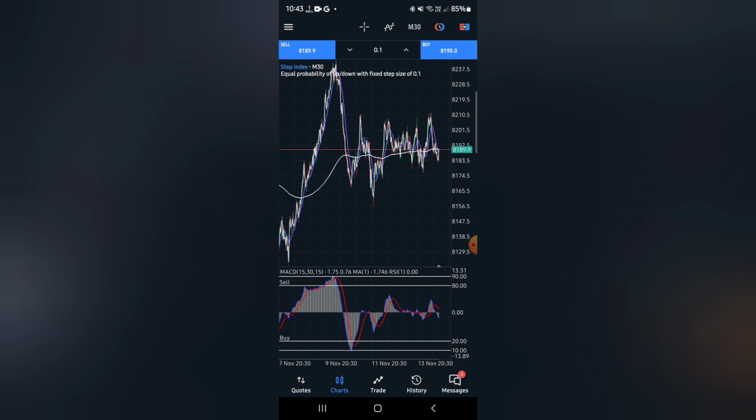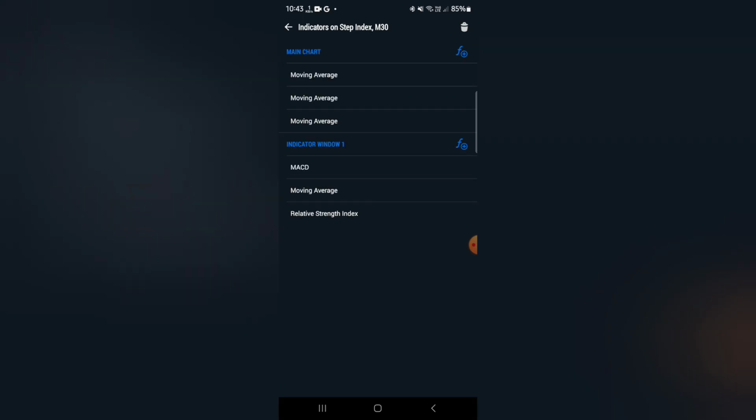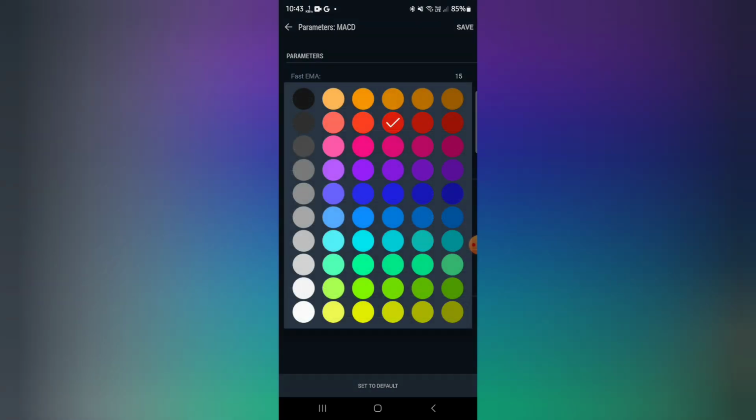So okay, I think there is a mistake on the indicator windows one chart, the MACD line. I don't want to see that graph on there, so I'm going to take it out.